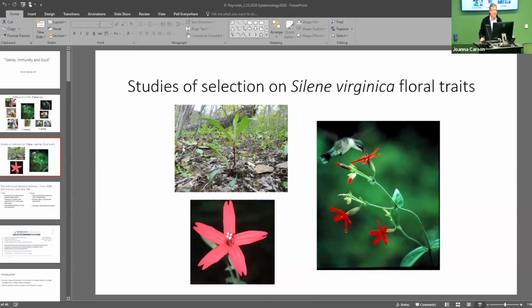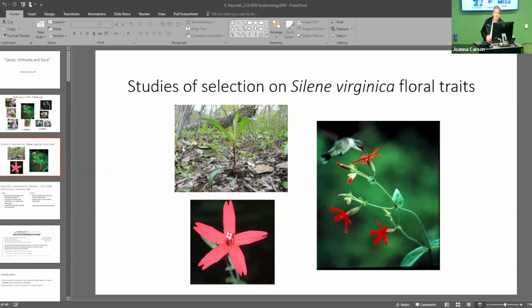These are some pollinators of three closely related species of Silene. I did my dissertation work on the evolution of pollination syndromes in plants, and these were the species that I studied.